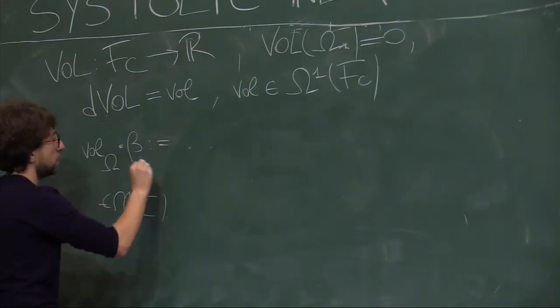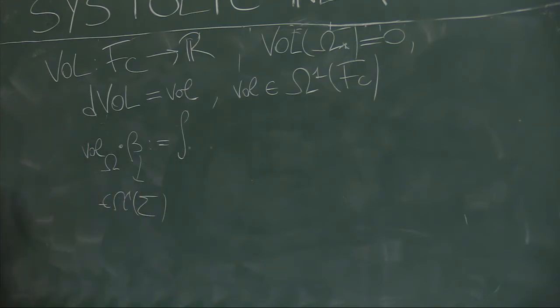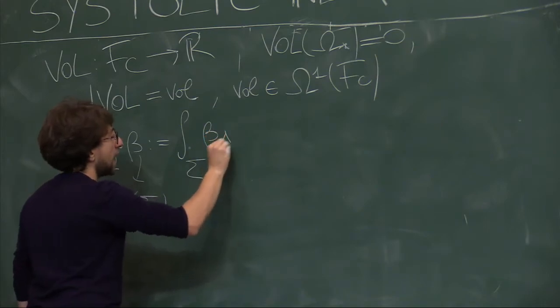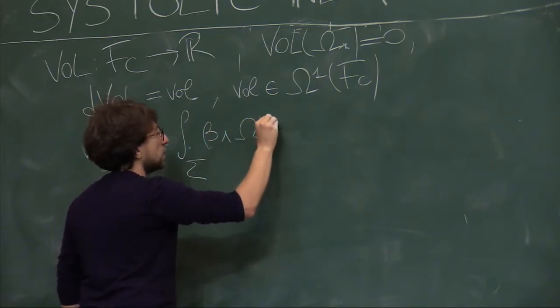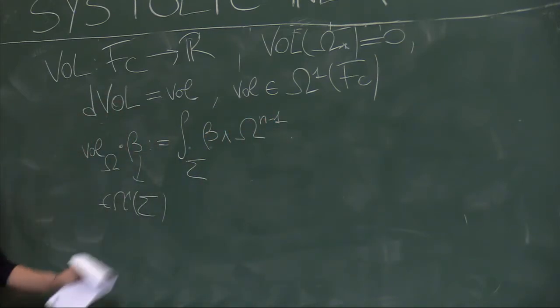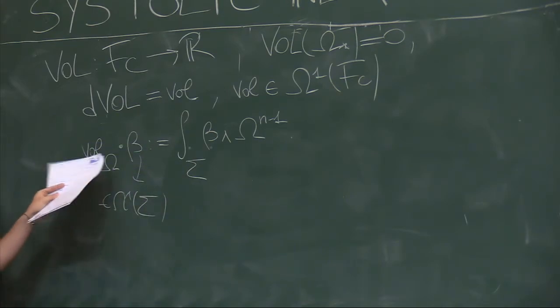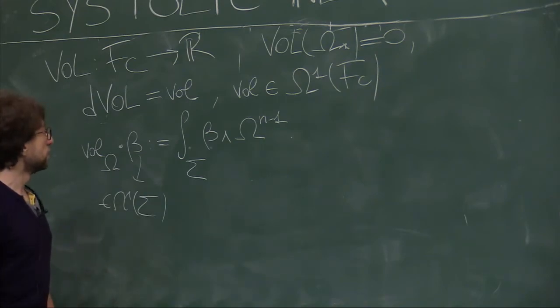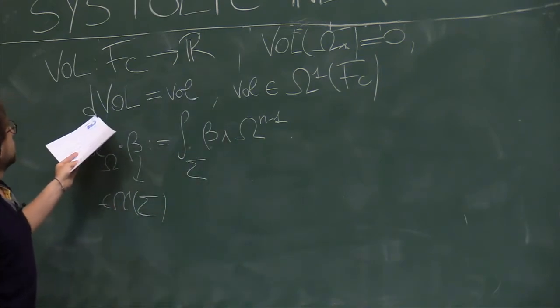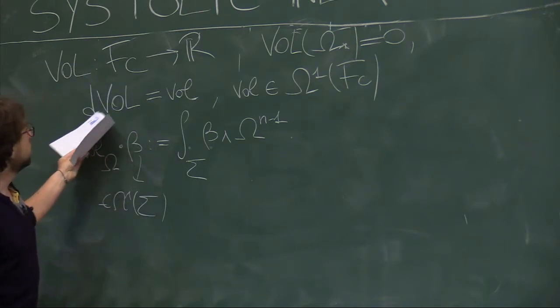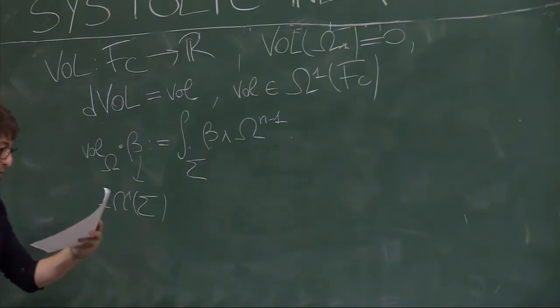Okay, and then one can give this very natural definition. One just takes beta and integrates it against omega to the n minus 1, okay, in sigma. This gives you a number, and then this is the value of our volume form. Okay, and then this function here, big vol, is just the differential of this small vol.